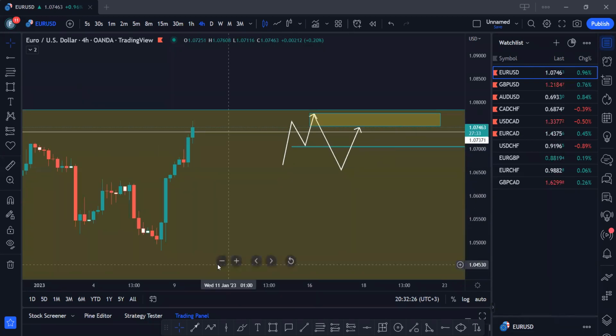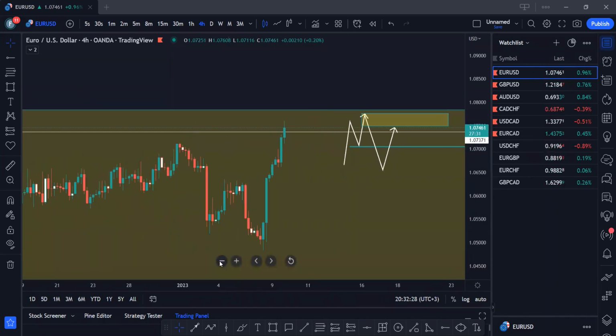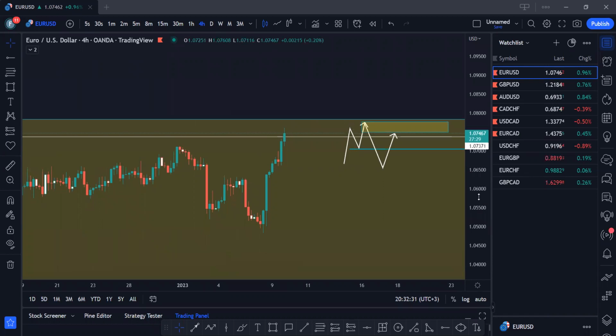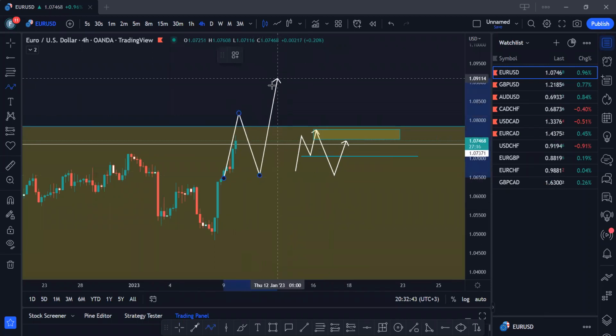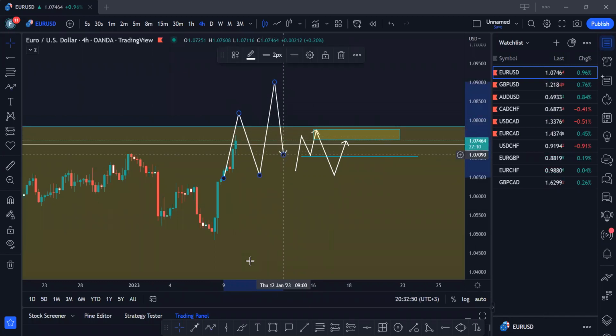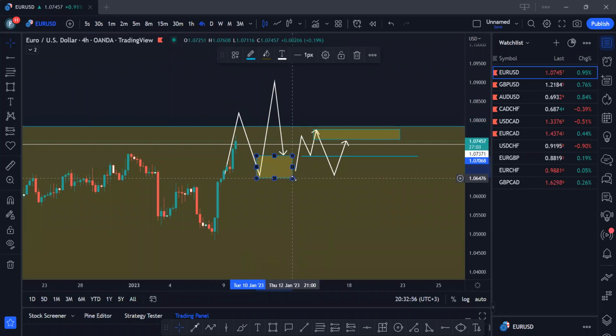We'll just start looking for possible buy scenarios on Euro USD. In that case, you're looking for a pro-trend structure like so. If price should break out of the zone, you wait for the retracement, okay, and then let a standard uptrend form. Once that happens, wait for the retracement into a block of demand, and then you are good.